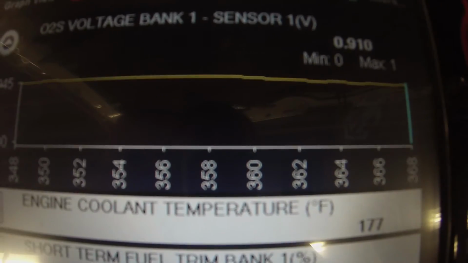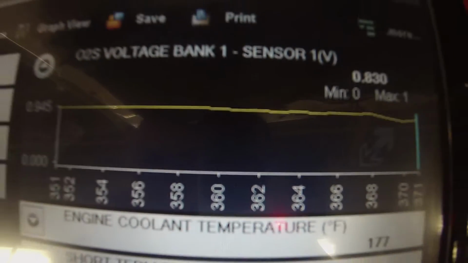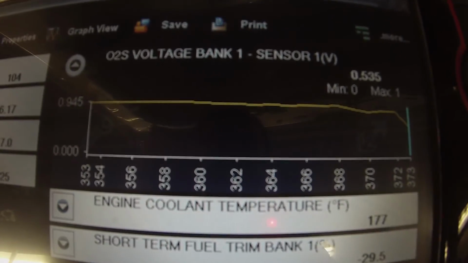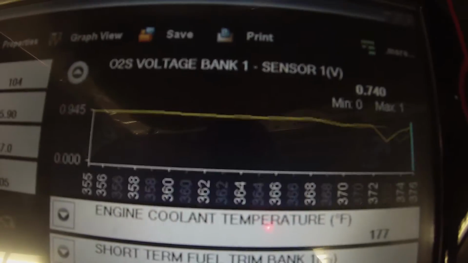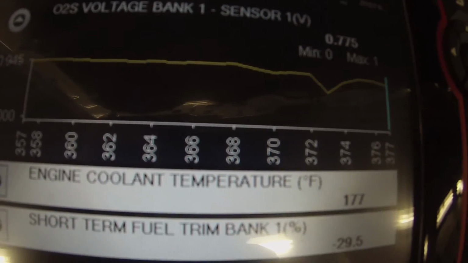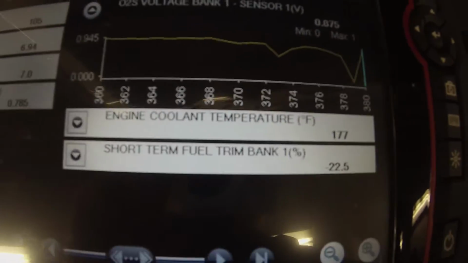Pull a vacuum line. Should go lean. That's going a little lean. Still fixed. And that is not responding the same as it was before. Oh, there it goes.